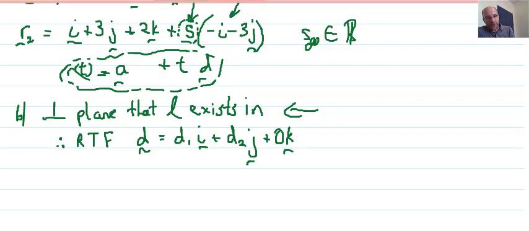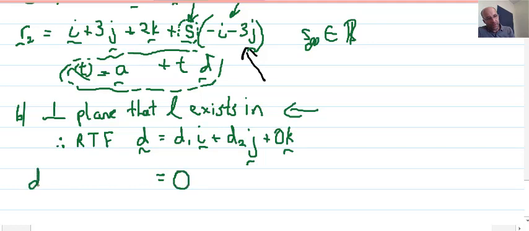Therefore, we need to find a d. We're required to find a d in this form, d1 i plus d2 j, and as we just discovered, its k component is 0. It's perpendicular to that, negative i minus 3j. So for your dot product, in this concept of perpendicular, dot products need to equal 0.